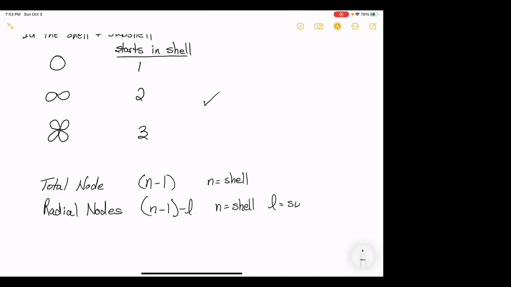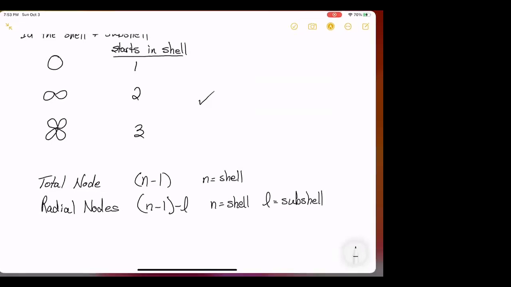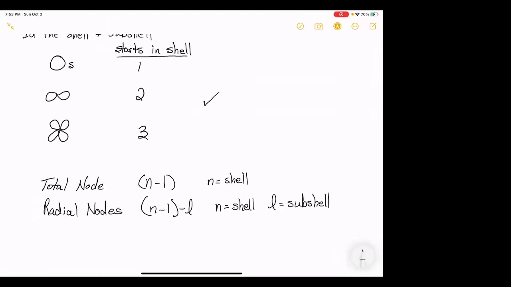equal to the subshell. And you have to remember that when we're talking about quantum numbers, an S for an L value is equal to 0. A P for the L value is equal to 1. And a D for the L value is equal to 2. And if we had an F, it would be 3.